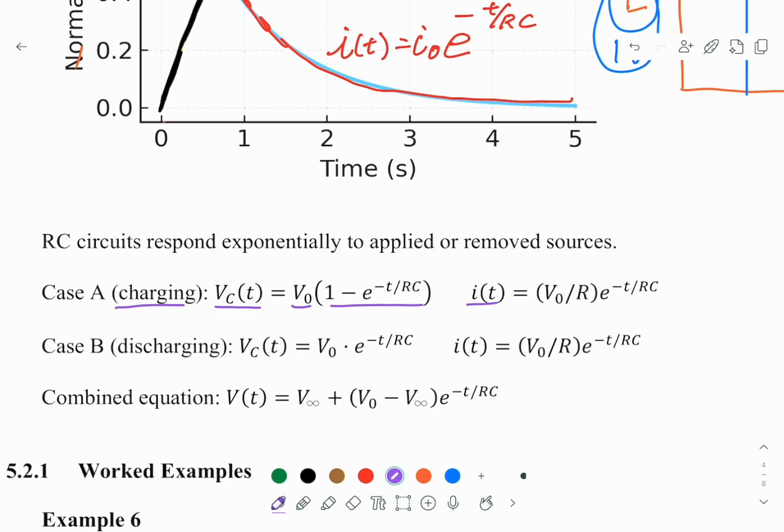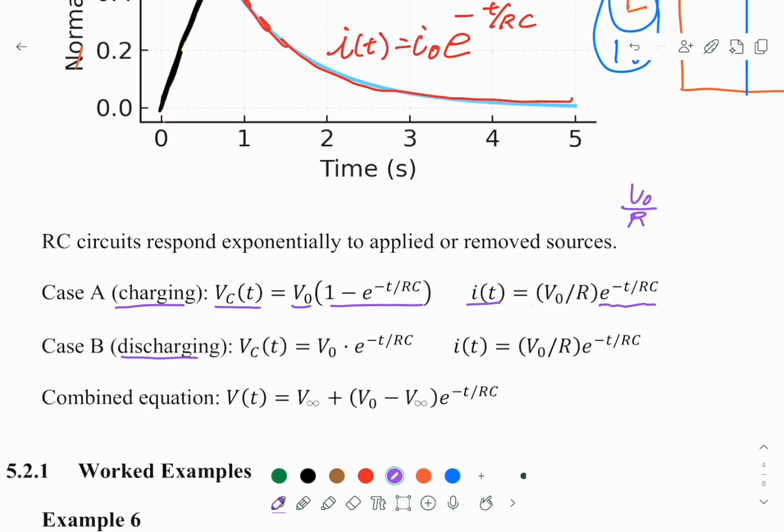The current, this is the initial current, like Ohm's law, V over R, but this current will decay exponentially, so we have an exponential term here.